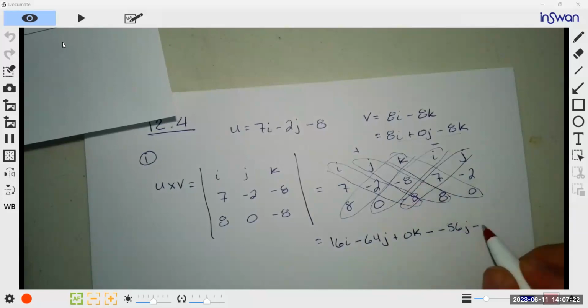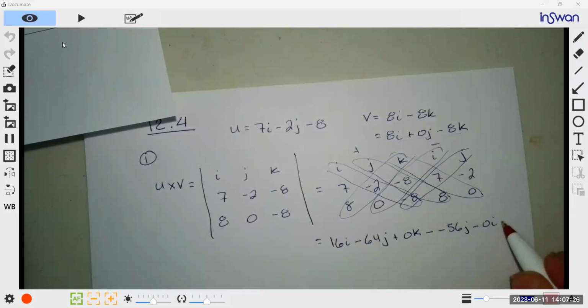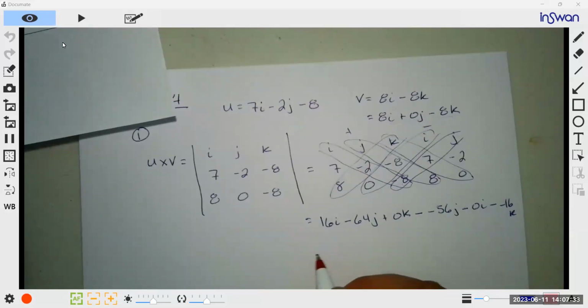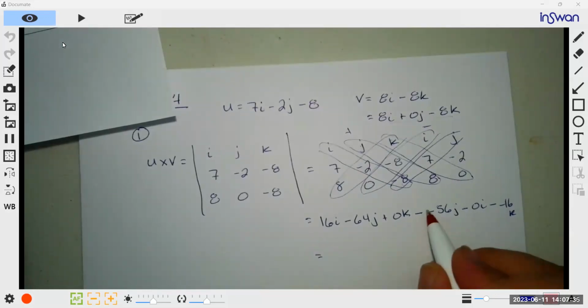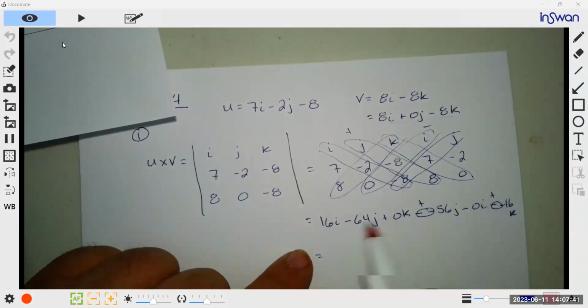Minus 0i, 8 times 0 is 0. Minus 8 times -2 is -16k. So that becomes a plus. That becomes a plus. Okay, how many i's do we have?